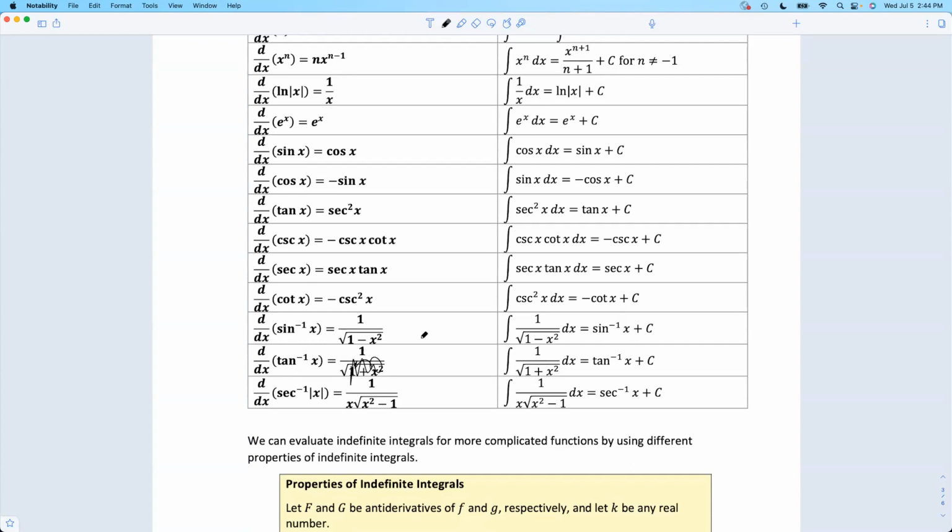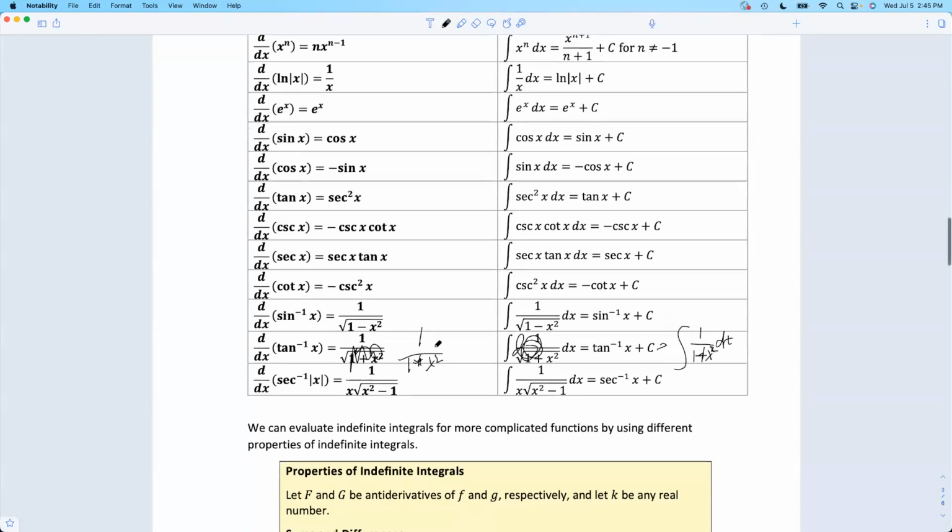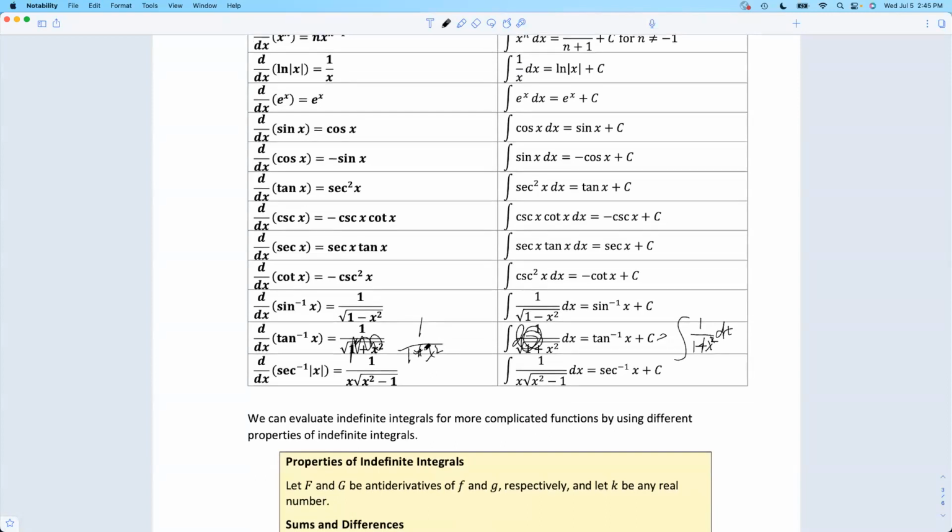That is not true. This is 1 over 1 plus x squared. And going backwards, that's not true. Arctan is the antiderivative of 1 over 1 plus x squared dx. The rest of these look right. Yeah, I was coming up here to look at the table and go, look, it's right there.